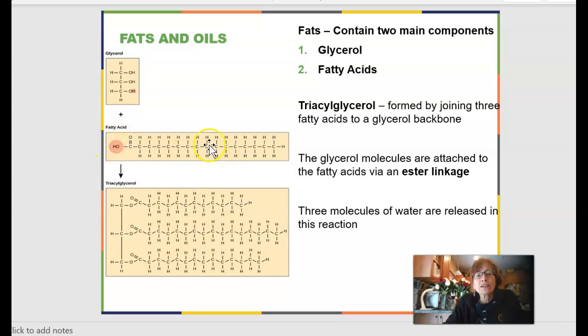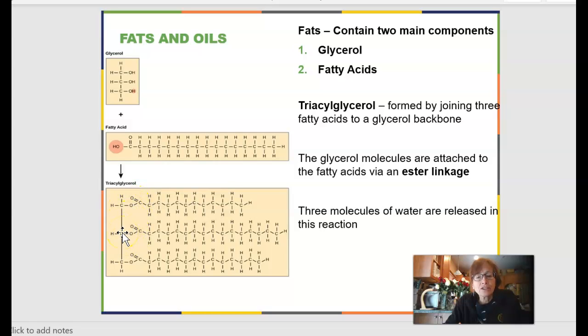And when this fatty acid joins with glycerol, as a matter of fact, if three of them do, because they join at these hydroxyl groups, these OHs on the glycerol, what you get, where you can see the carbon, oxygen, carbon, is called an ester linkage.